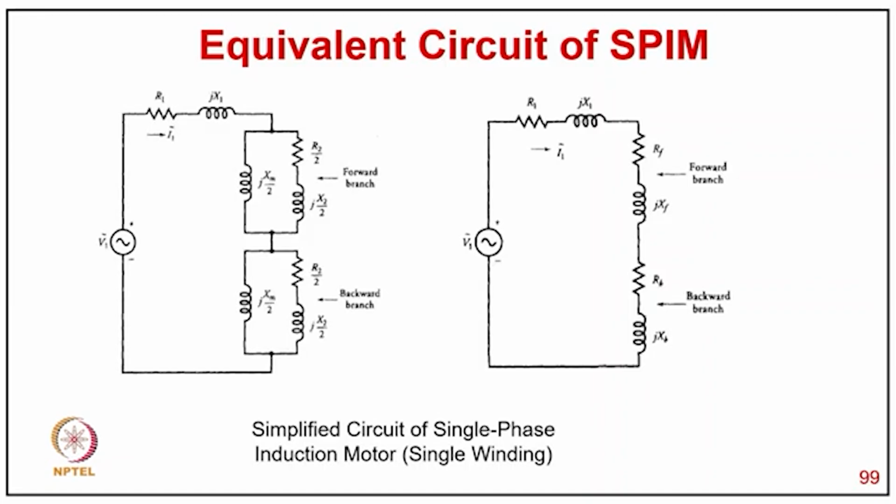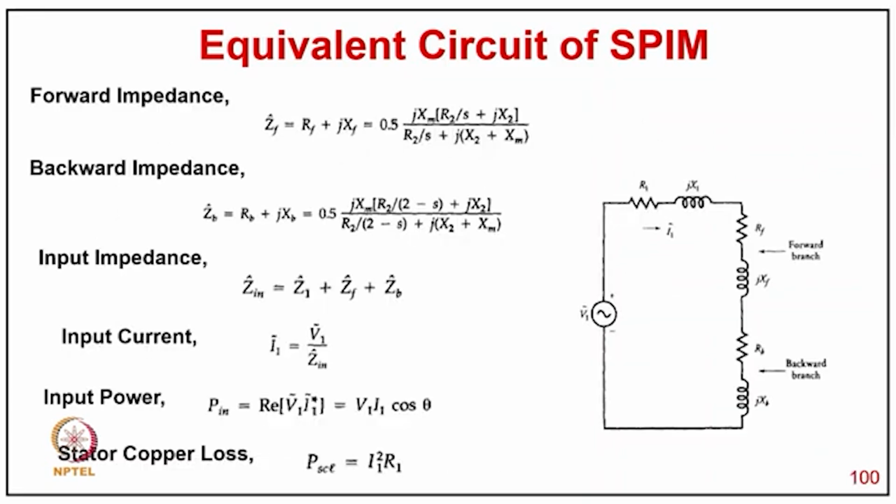Under running condition, for the forward field the slip is S and for the backward field it is 2 minus S. When you combine together, you have R1, X1, and then the forward resistance and backward resistance, and reactance, and you can find out the impedance for the forward equivalent part and backward equivalent part.